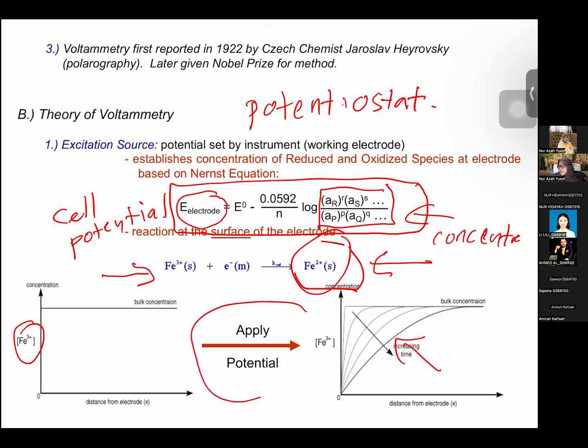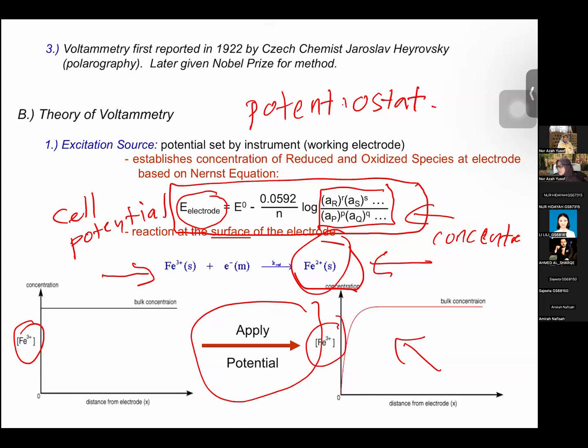Now, if we supply potential, a specific amount of potential that suits the ferrum 3 plus, now we can observe the changes or the reduction from ferrum 3 plus to ferrum 2 plus.